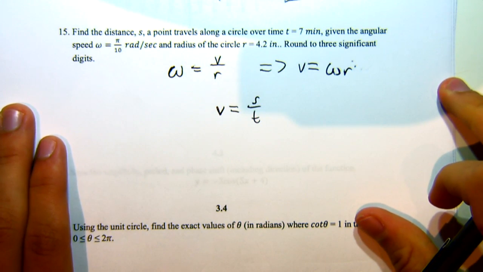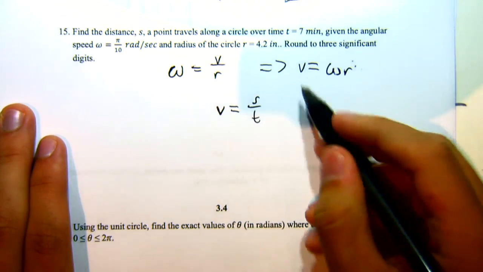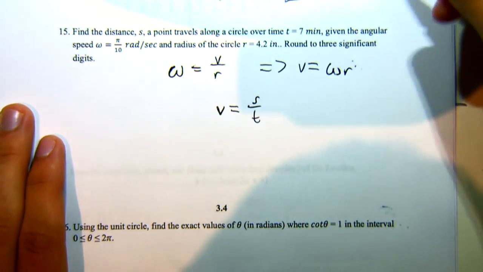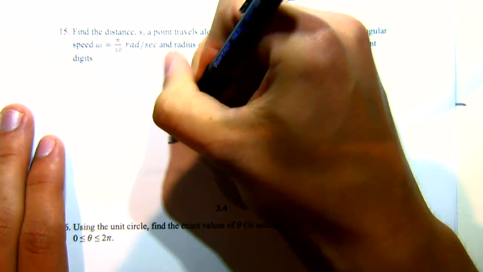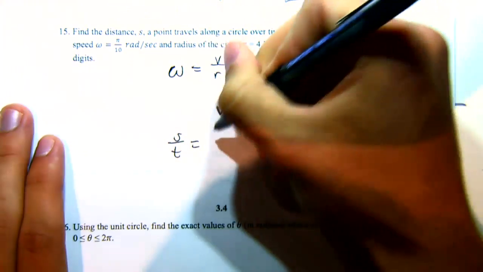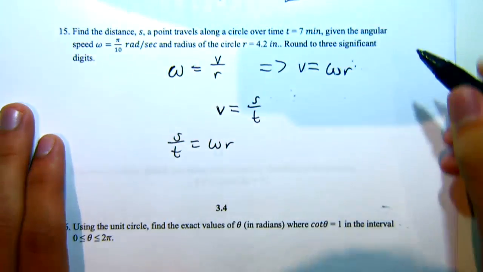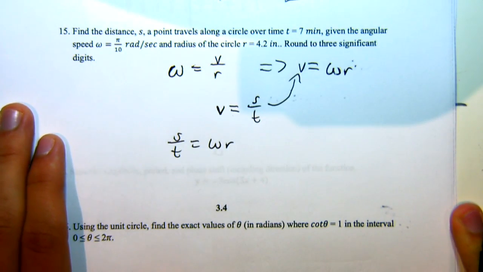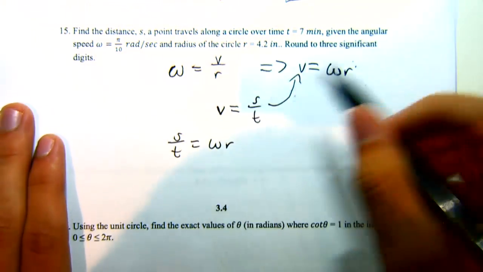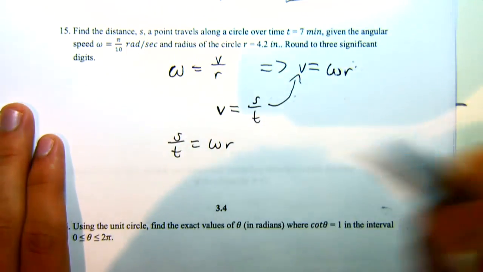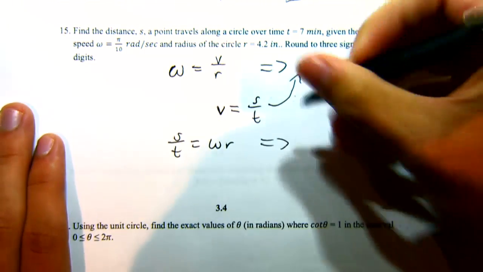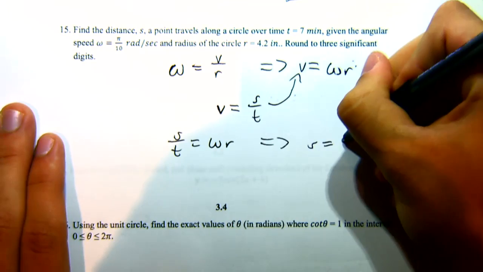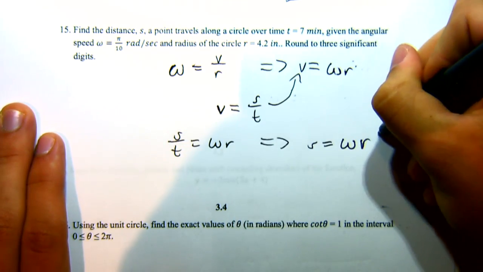Alright, so we can go ahead and substitute this into here. So we know that s over t is equal to omega times r. We just put this right in there like that. And then since we're looking for s, we just multiply t on both sides. And so we get the following equation that we can use to find our answer.